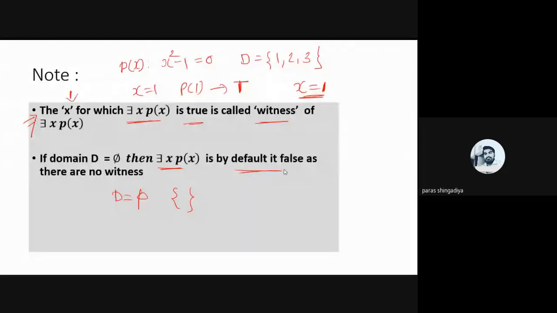Is it clear? Is there any doubt in the definition? Okay, is it clear? Is there any doubt?